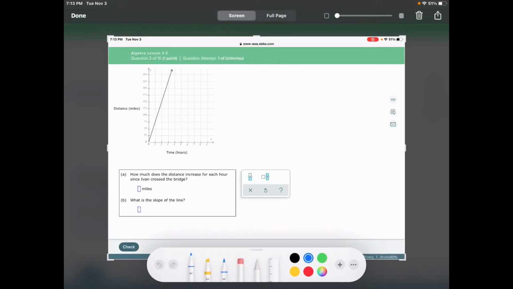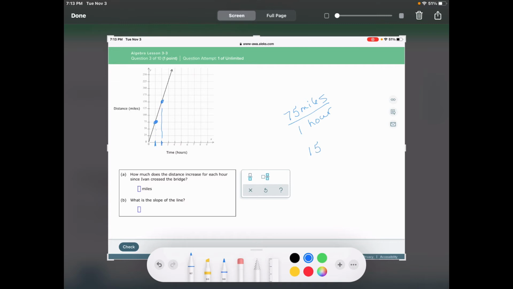So whenever I go over 1 hour, I have to go up to 75. And so I am going 75 miles per 1 hour. Let's just check that with the 2. Here's the 2. We go up here to 150.